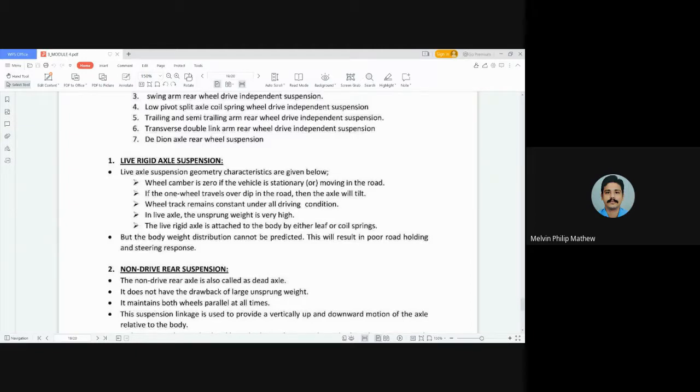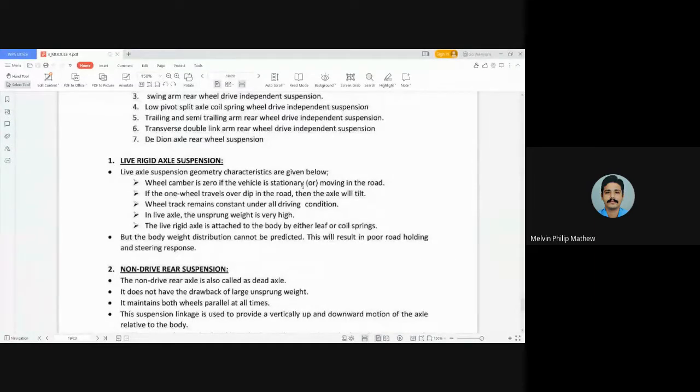Next, if one wheel travels over a dip in the road, then the axle will tilt. So there will be a tilting motion of the axle. Why does this tilting occur? Because it is a half axle by means of the differential.